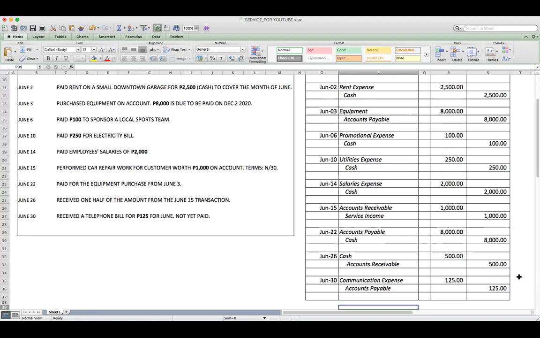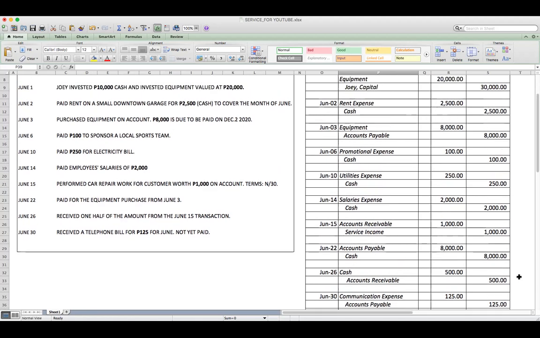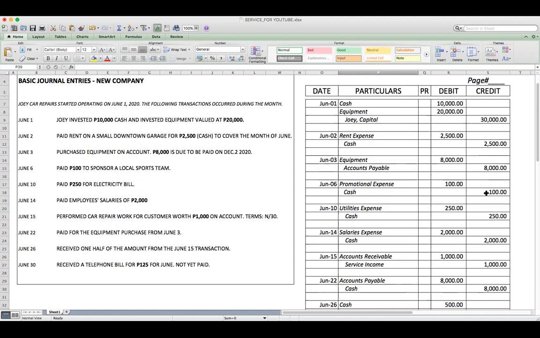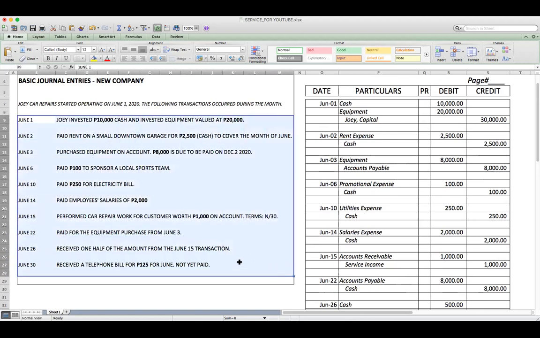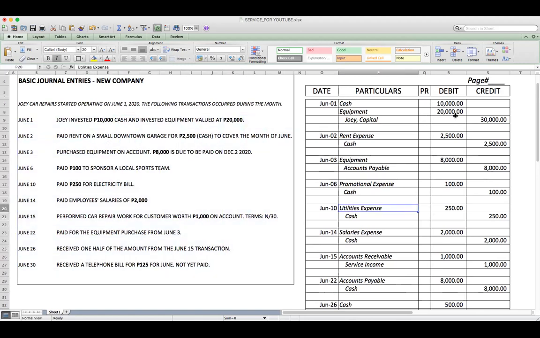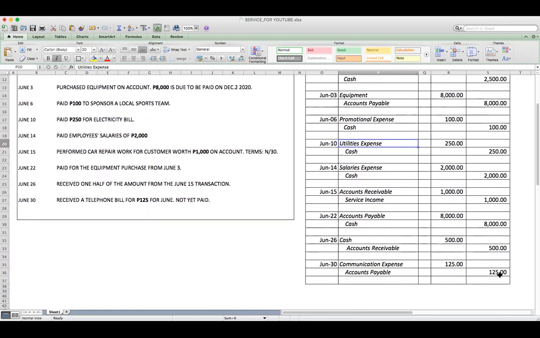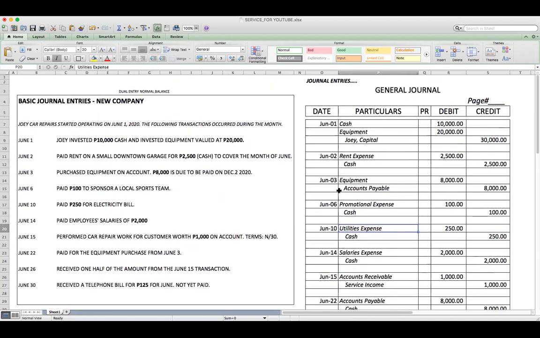So that's it. That is a very simple explanation of how to journal a simple transaction from a service type of business. Okay? What we notice here is that all debits must always equal the total credits. And that is our general journal or journal entries for the service type.